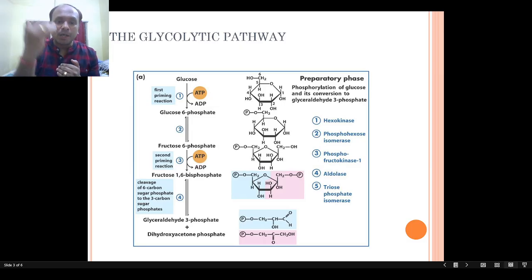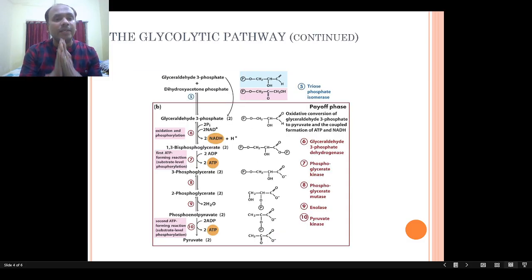So from glucose up to glyceraldehyde 3-phosphate, the steps come under the preparatory phase. Here you can see that 2 ATP are consumed in the preparatory phase.